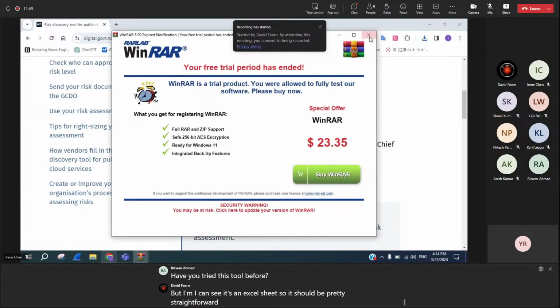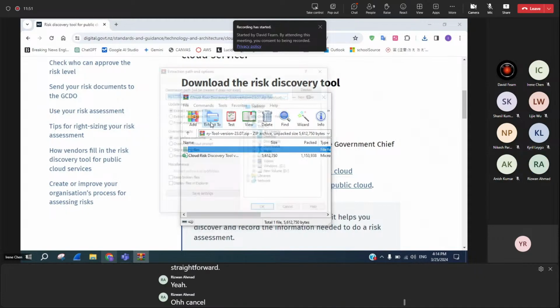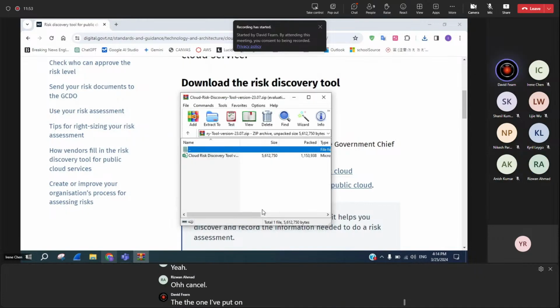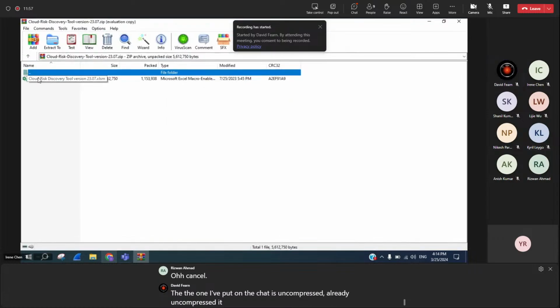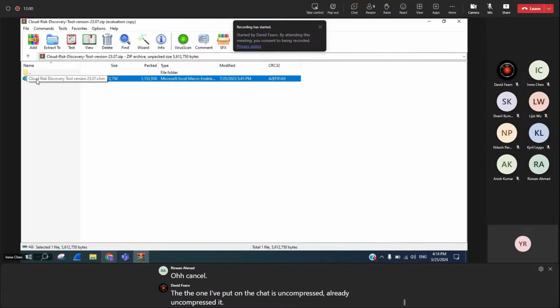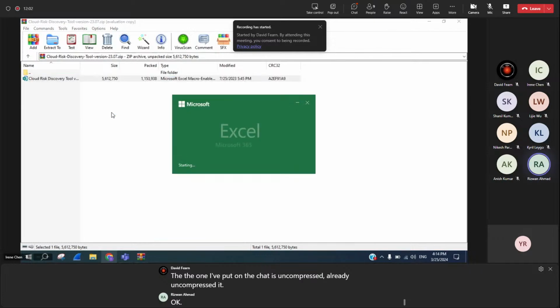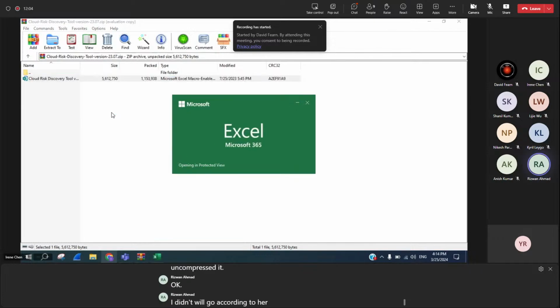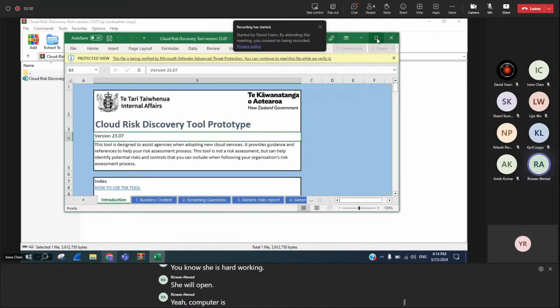Yeah. The one I've put in the chat is uncompressed. I've already uncompressed it. Irene will go at her own speed. She is hardworking. She will open it. Yeah, the computer is very slow.